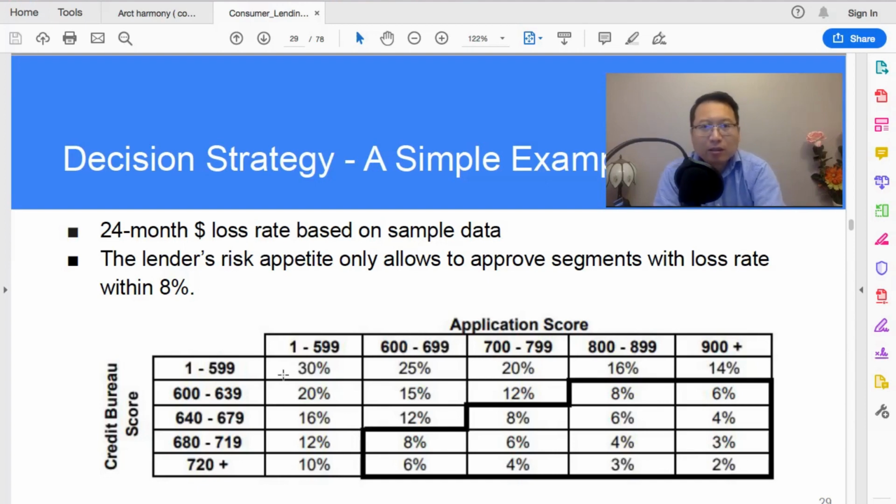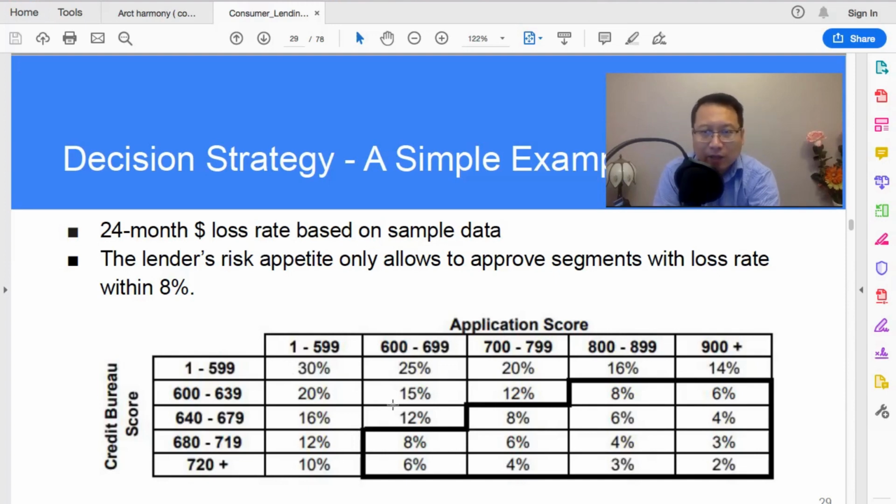You can see that typically a low score means higher risk. In the upper left corner, if your credit bureau score is less than 600 and application score is also less than 600, your loss rate is as high as 30%. You really don't want to approve this because that's too high to earn any money at all.